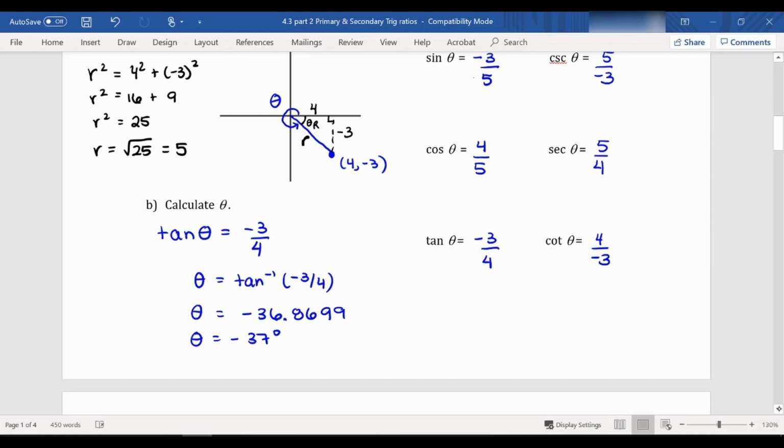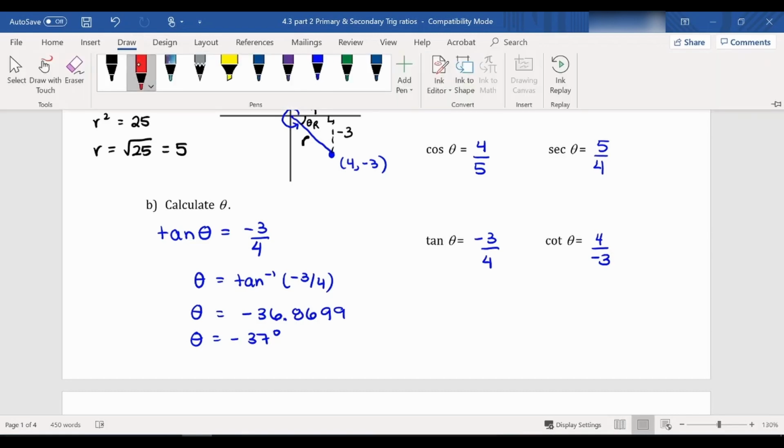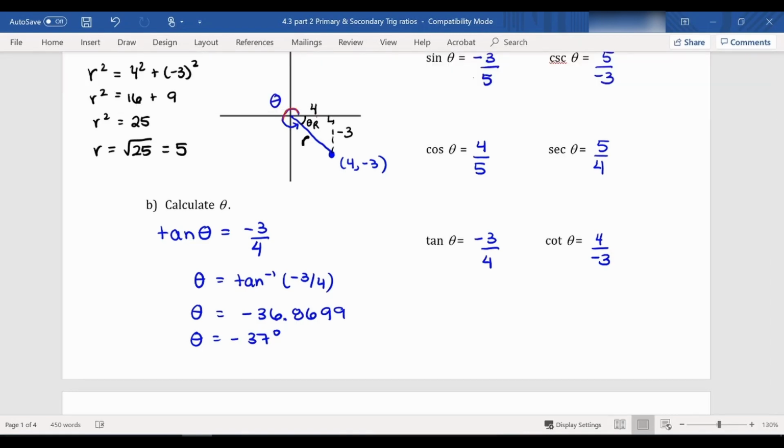Now we might be going, well, why is this negative? It's negative because if I'm looking at this as an angle, I either went positive in my clockwise direction like this, or I traveled negative direction this way down to my terminal arm.